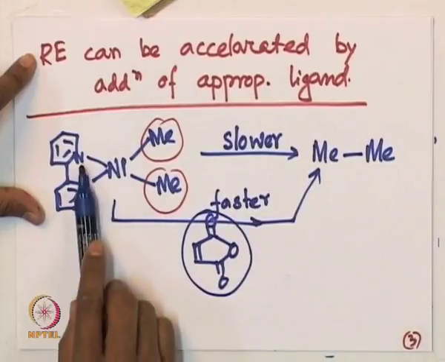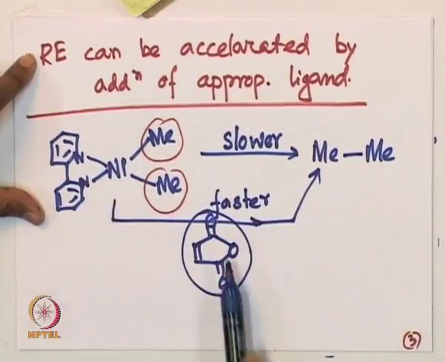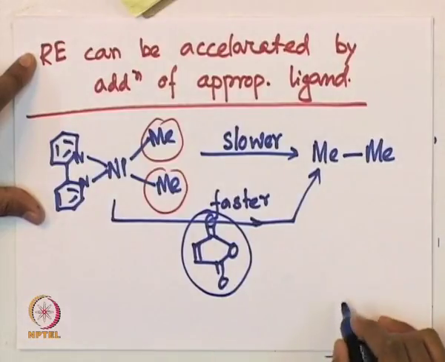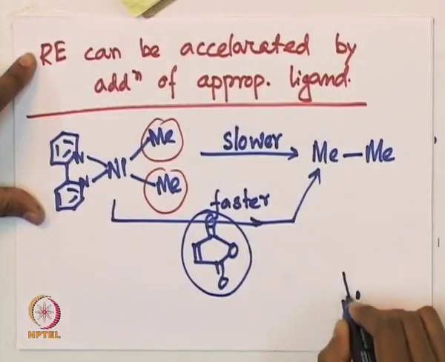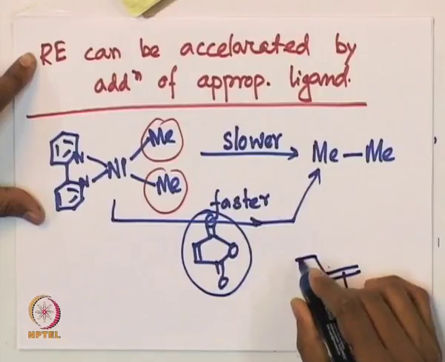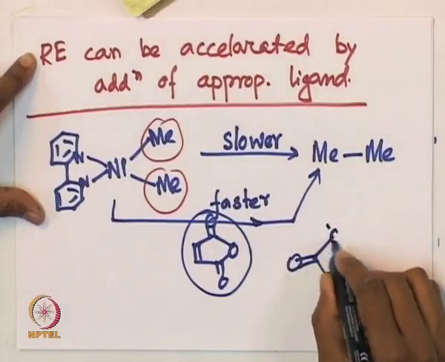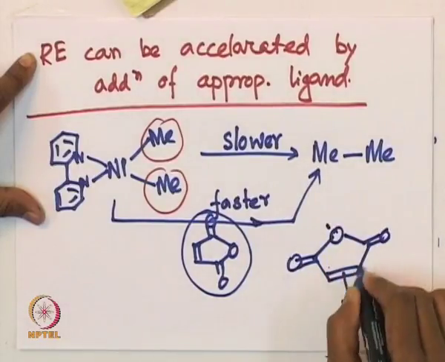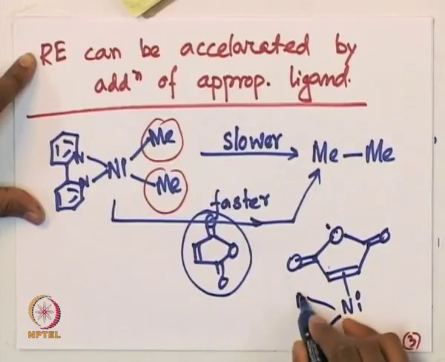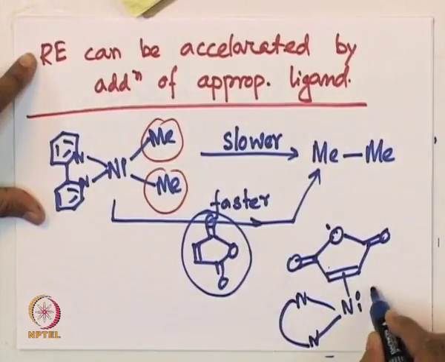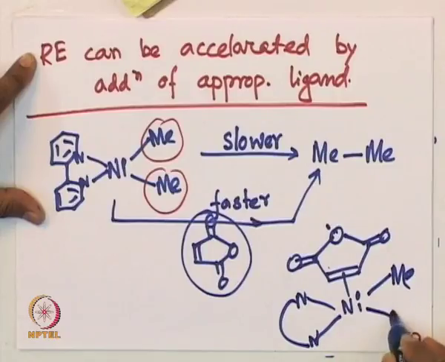It's a tetra-coordinated nickel, and one would expect that this nickel will coordinate with this anhydride in this fashion, and here is your bipyridine and methyl.